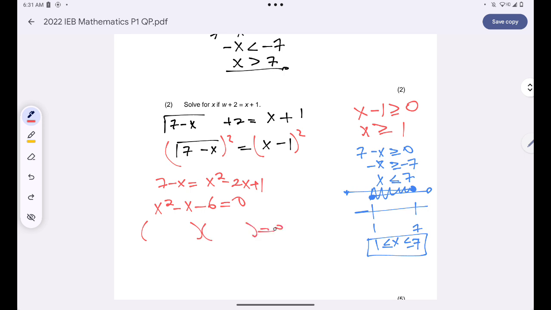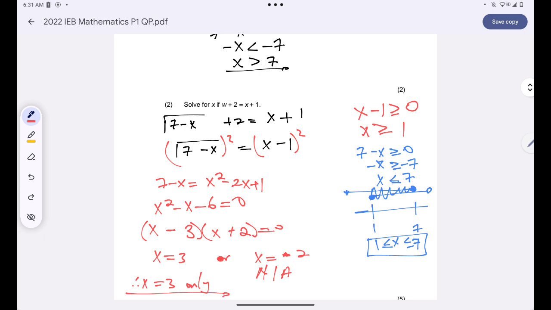I'm looking for the factors of 6 that when I subtract will give me 1. Those factors are 3 and 2. Obviously, the bigger factor will take the sign of the middle term, so I'll have a minus and a plus there. So x is equal to 3 or x is equal to negative 2. I know that this one is not applicable. So therefore, x is 3 only.